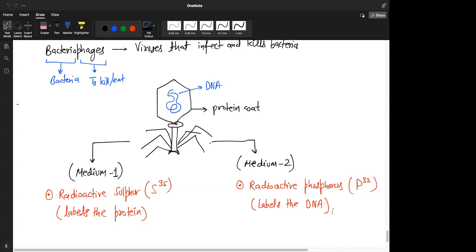Write down: Hershey and Chase cultured bacteriophage viruses in two different media, one containing radioactive phosphorus and the other containing radioactive sulfur.